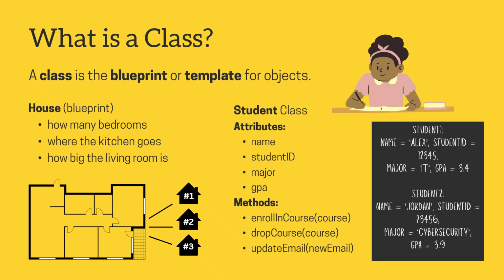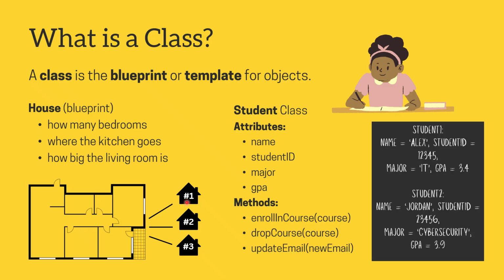Okay, so if an object is a thing, what is a class? So a class is the blueprint or template for the object. Okay, so let's use a real world analogy. Imagine a house blueprint. The house blueprint itself is not a house.